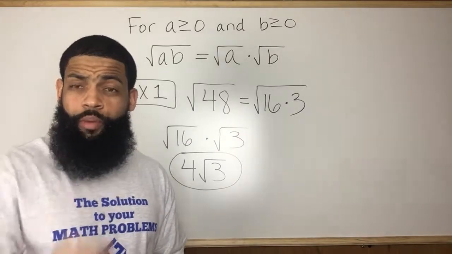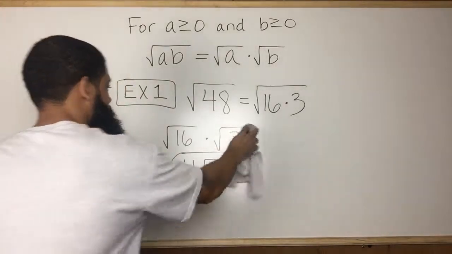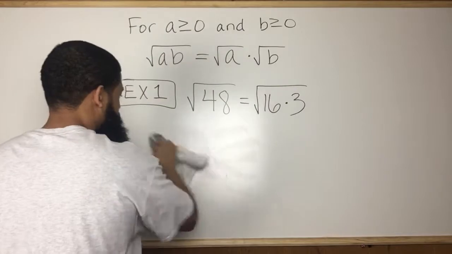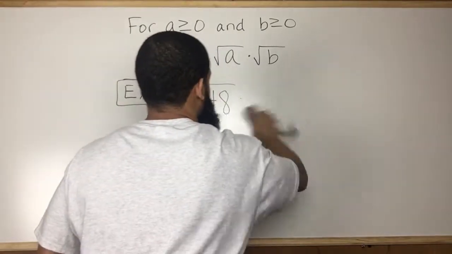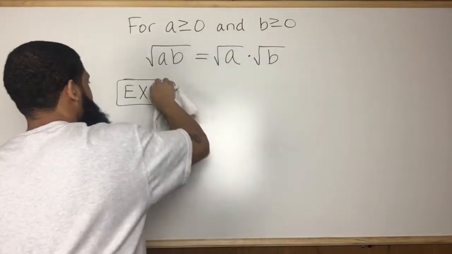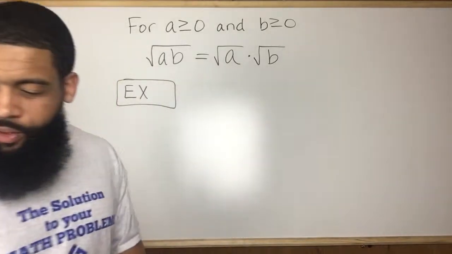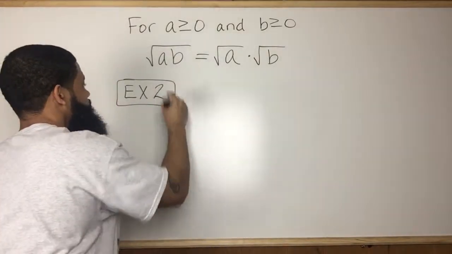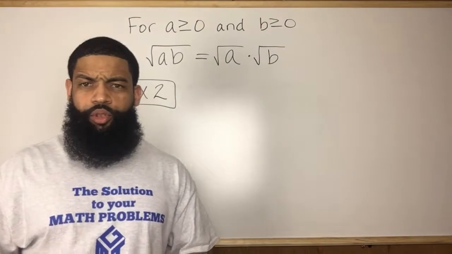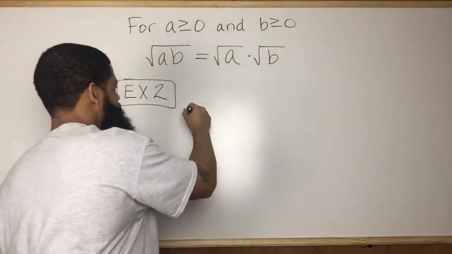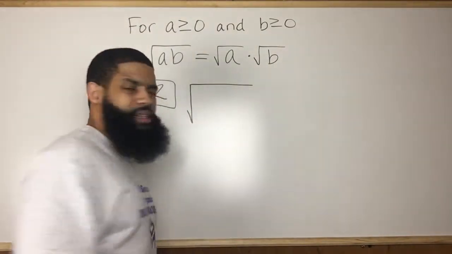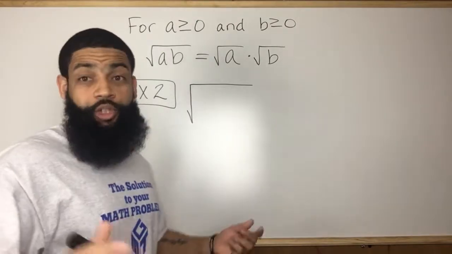All right, let's do another example, because I'm not just going to do one. All right, so let's say we have example 2, and let's say in example 2, I have the square root of 160.